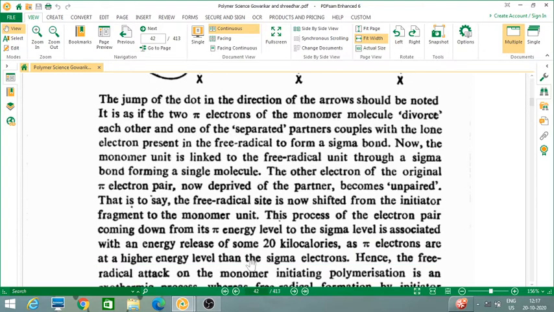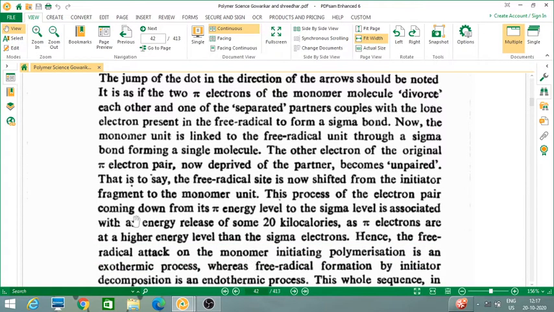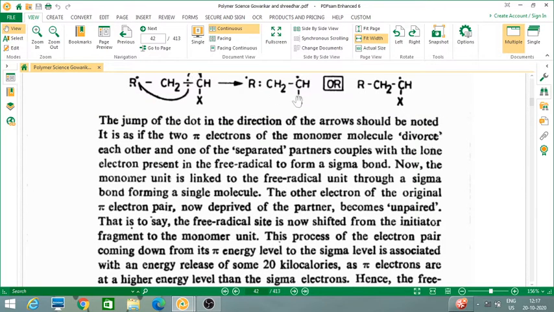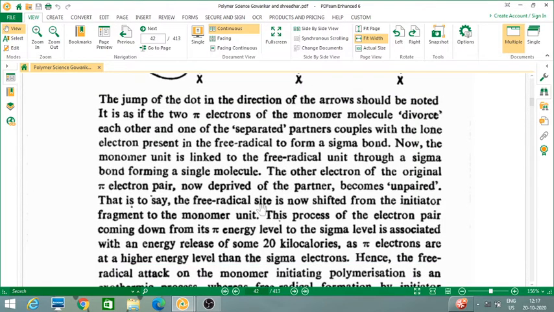This process of the electron pair coming down from its pi energy level to sigma level is associated with the release of some 20 kilocalories of energy, as pi electrons are at a higher energy level than sigma electrons. So now it came from a pi to a sigma level.